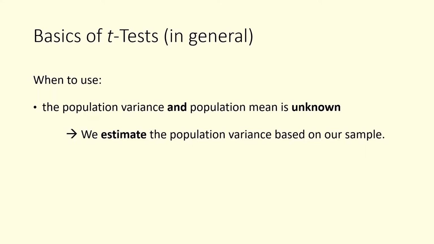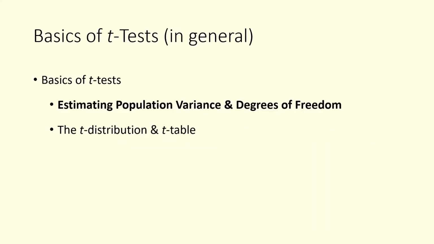What we're going to do in our t-tests is estimate the population variance based on the variance of our sample. We're going to think back to the formula we used in the beginning of the course for sample variance, and we're just going to tweak it a little bit to make this an estimate instead of our sample variance. It's going to be a really similar formula, just a teeny bit different, and we'll pay attention to that one special difference.